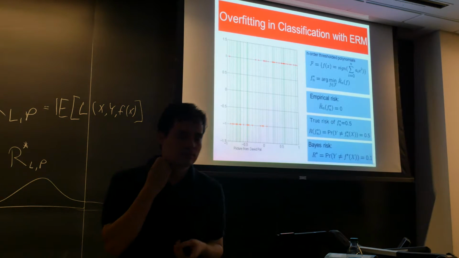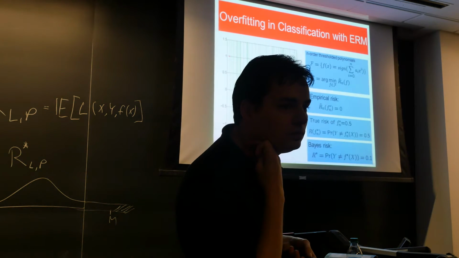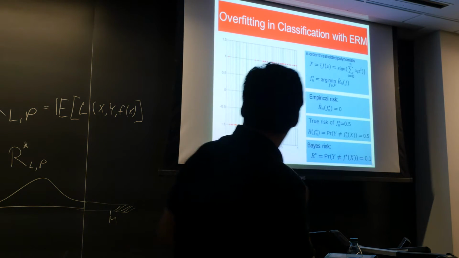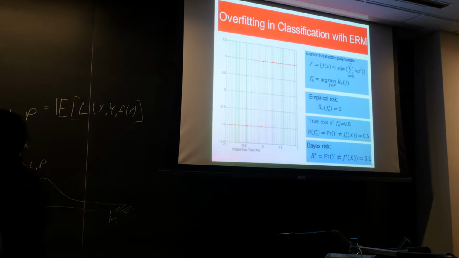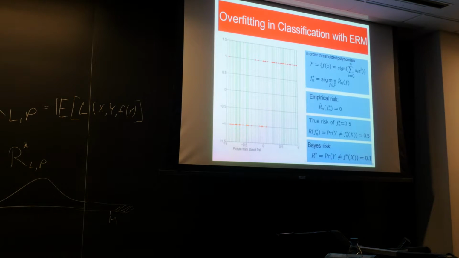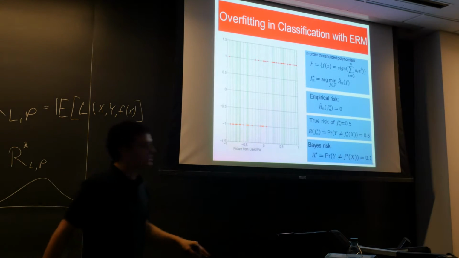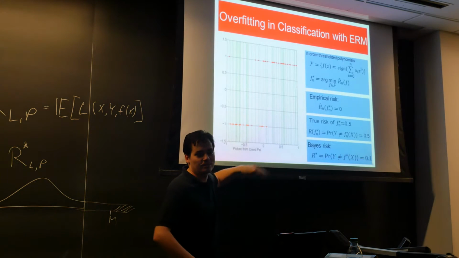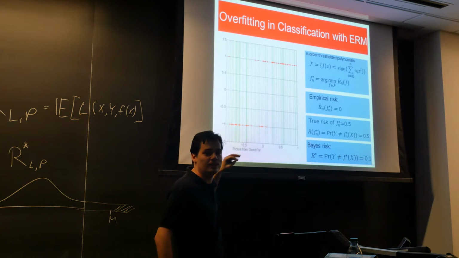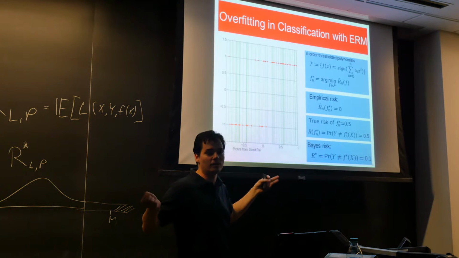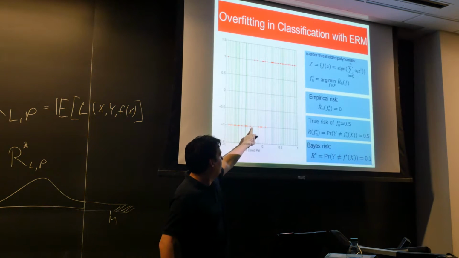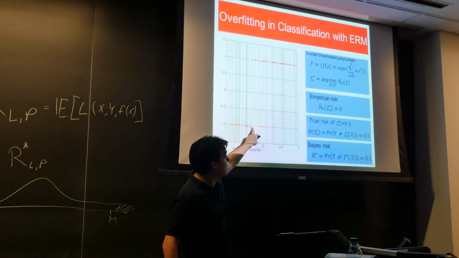Is it possible that you get more than one function that has the same minimal risk? Right. On the training set, yes, you could just change these functions a tiny bit. So there are an infinite number of functions where the empirical risk is 0.